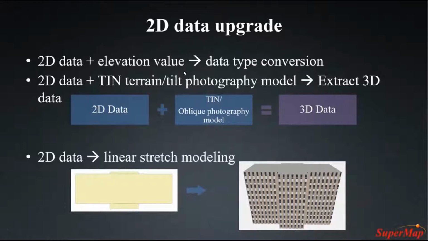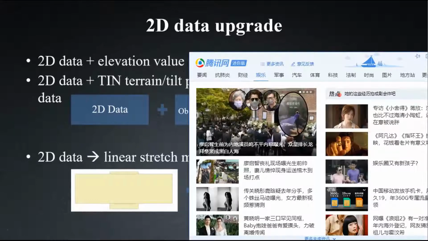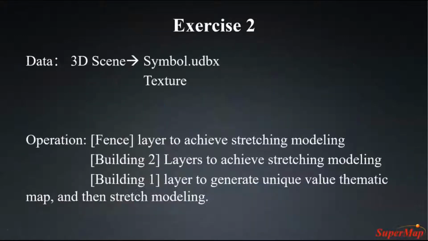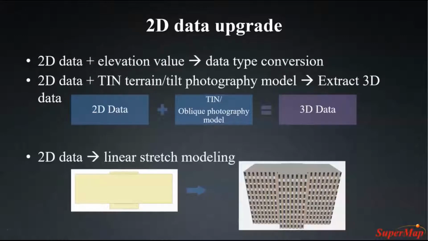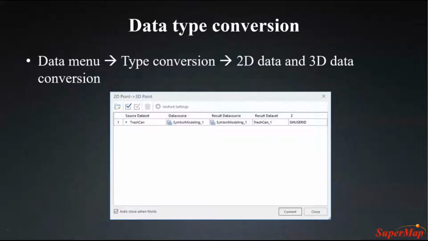And if you have the 2D data and the terrain data and the oblique photography model, you could extract the 3D data. And if you just have the 2D data, that is the polygon data, you could do the linear stretch modeling. So let's do these 3 exercises.